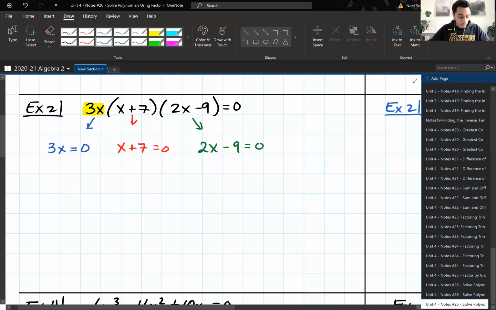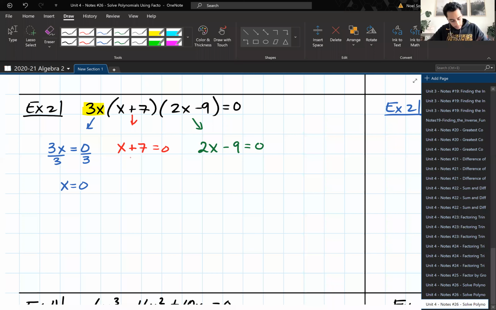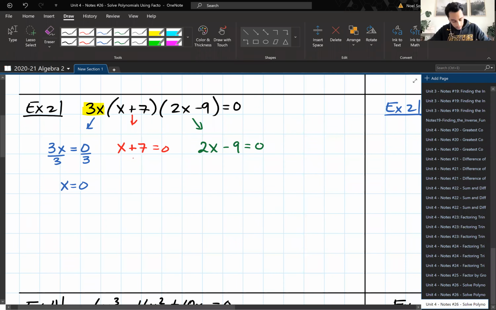All right. Solving for the first one, 3x equals 0, is fairly simple. You're trying to get x by itself. So all you have to do is divide both sides by 3. So x ends up being 0. Okay. Let me not box that yet. All right. Next one, I have to solve for x, so I'm going to subtract 7.